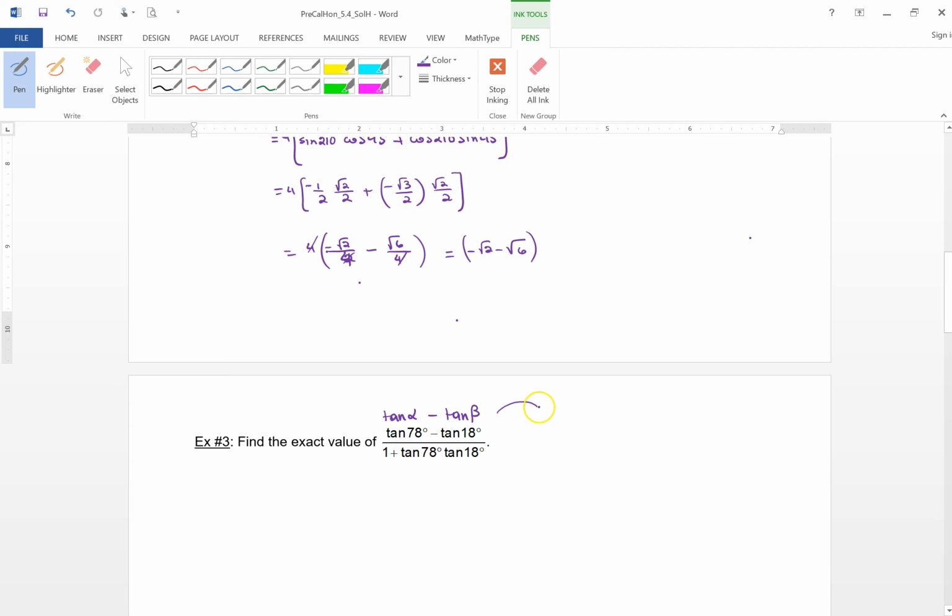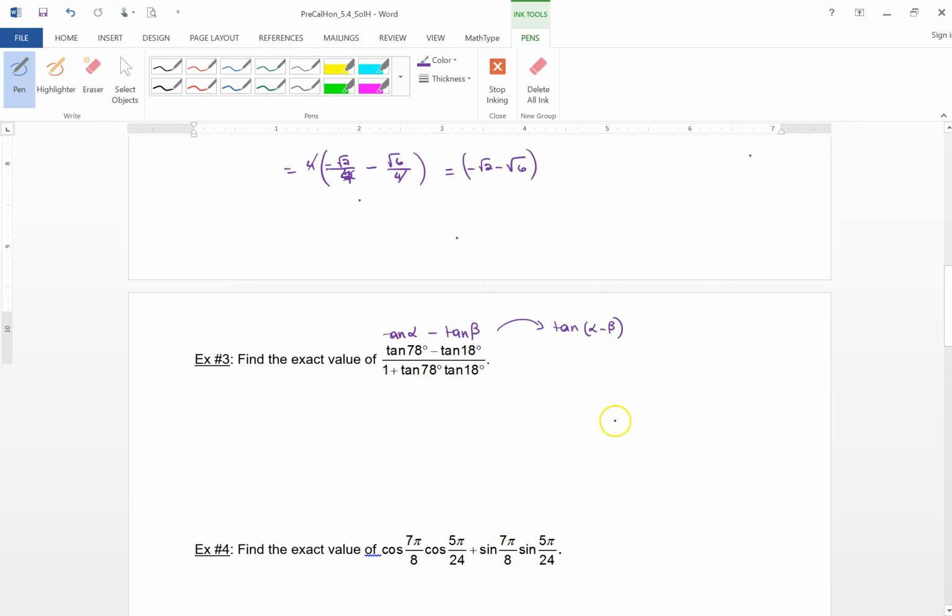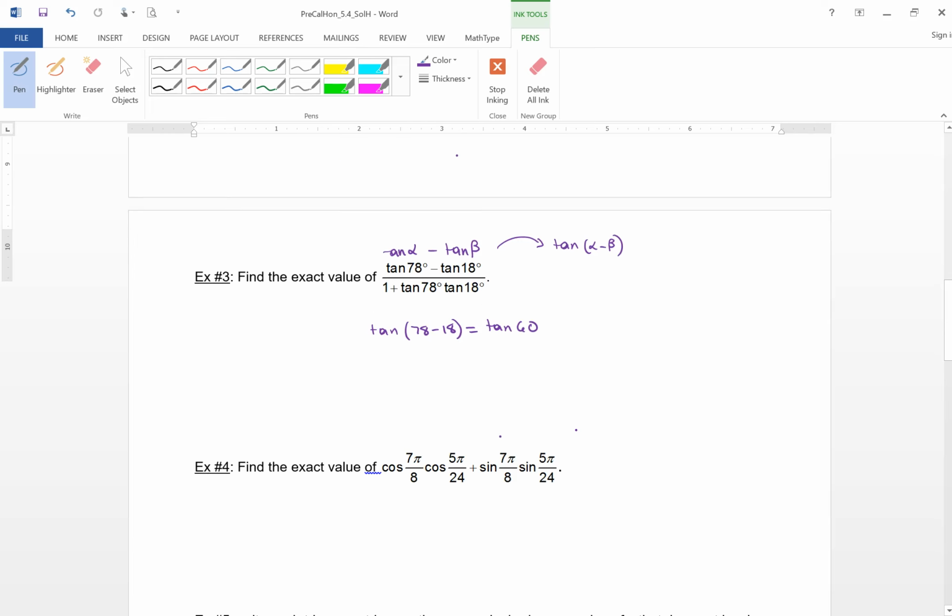So that's going to transform to tangent of alpha minus beta. So this is going to be tangent of 78 minus 18, tangent 60. Now 60 faces root 3 over 2 over 1/2, right? So this is going to be root 3.